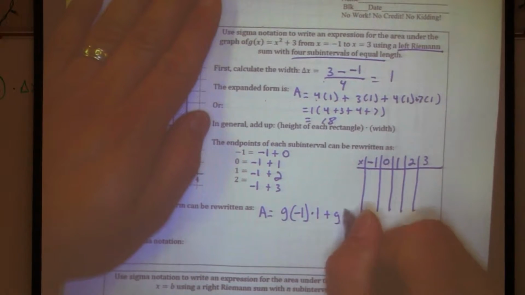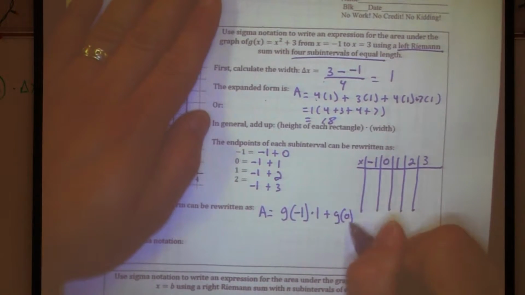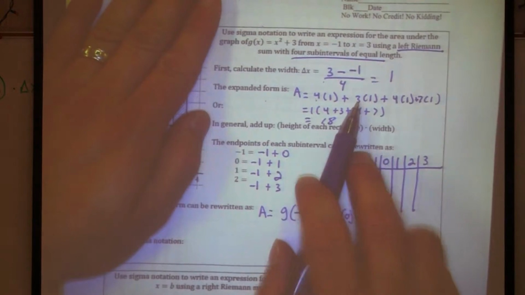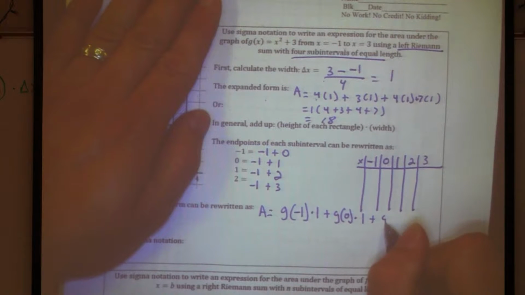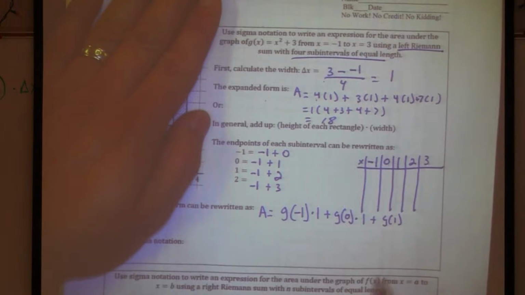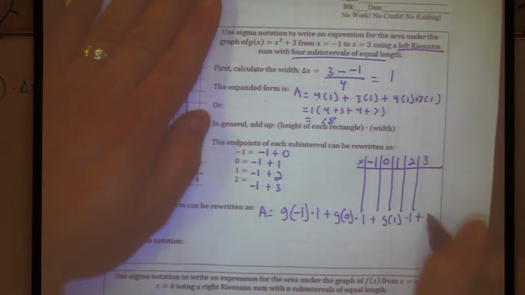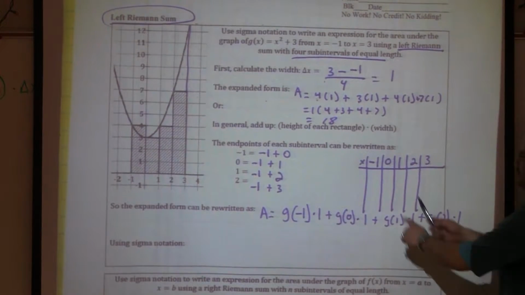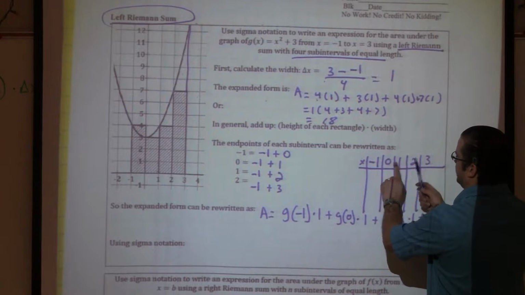Plus g of 0 times 1. g of 0 is actually 3. Plus g of 1 times 1 plus g of 2 times 1. I pick the left endpoint between each one all the time.